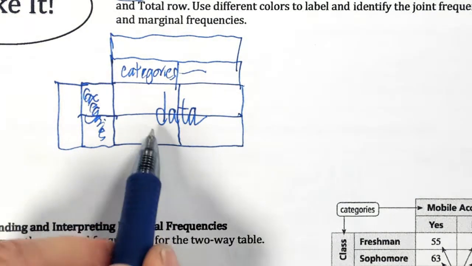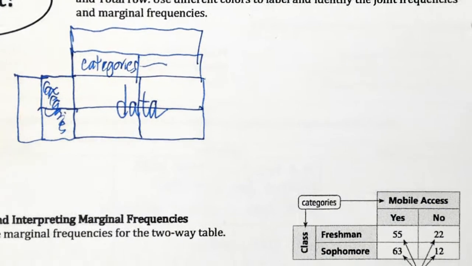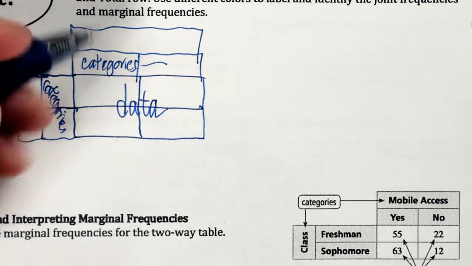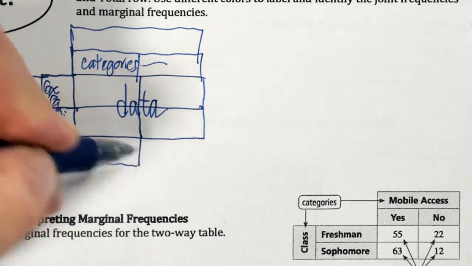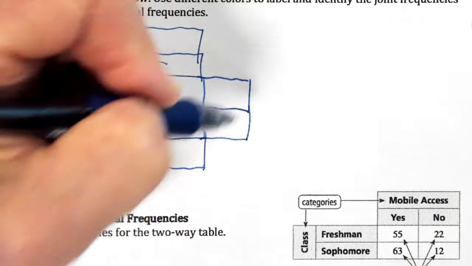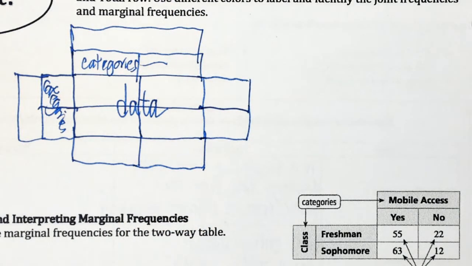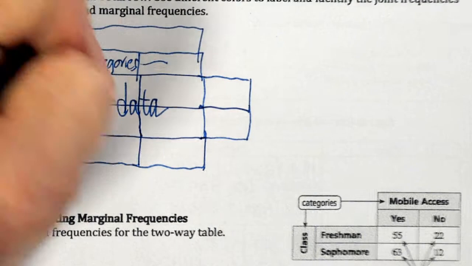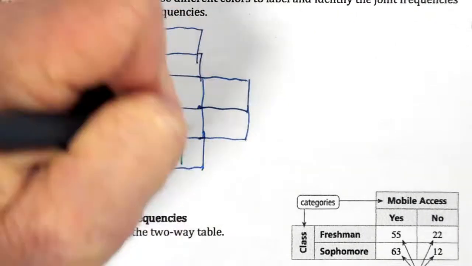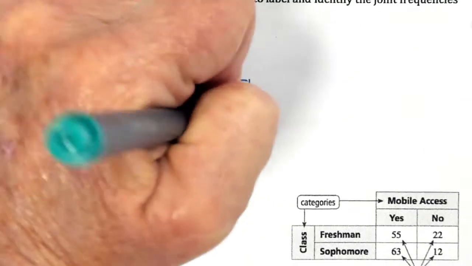So I've got data, and my categories up here, and now I need to put in my rows and columns, my sums, the totals. So I'm going to draw some additional rectangles right there, and within those rectangles are going to be my totals. So I'm going to write the word total here, and this is also a total, and this is a total, and this is a total.